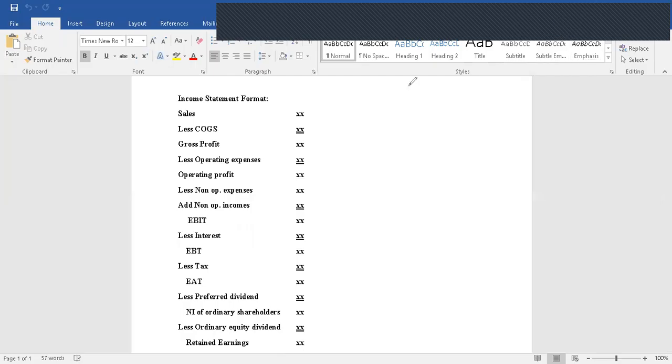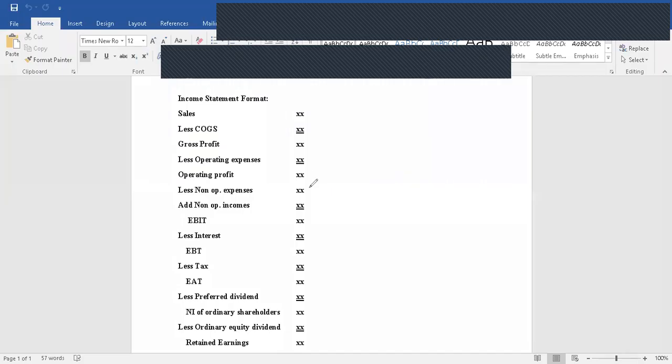The income statement format is a simple format. The first part of it is sales minus cost of goods sold, gross profit, operating expenses, operating profit, and any kind of non-operating expenses or incomes adjusted. This is the profit available to all the investors.